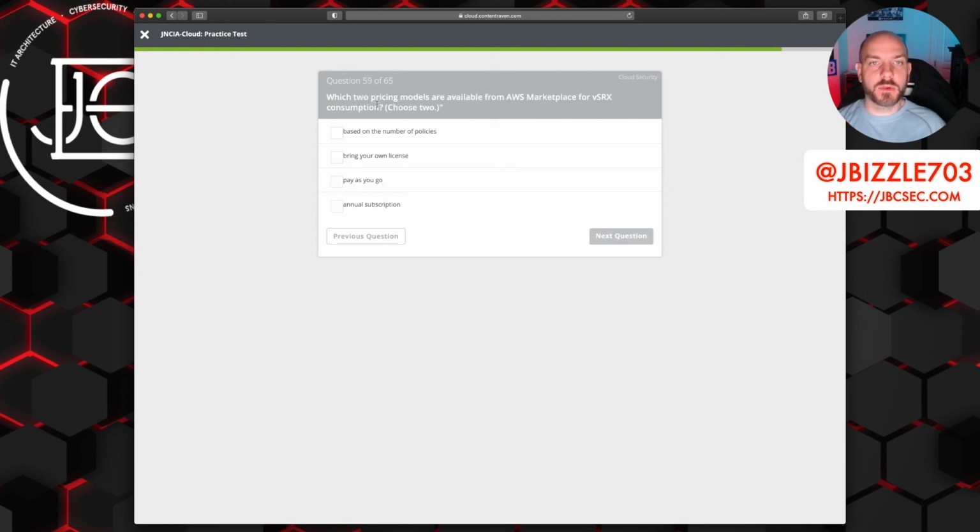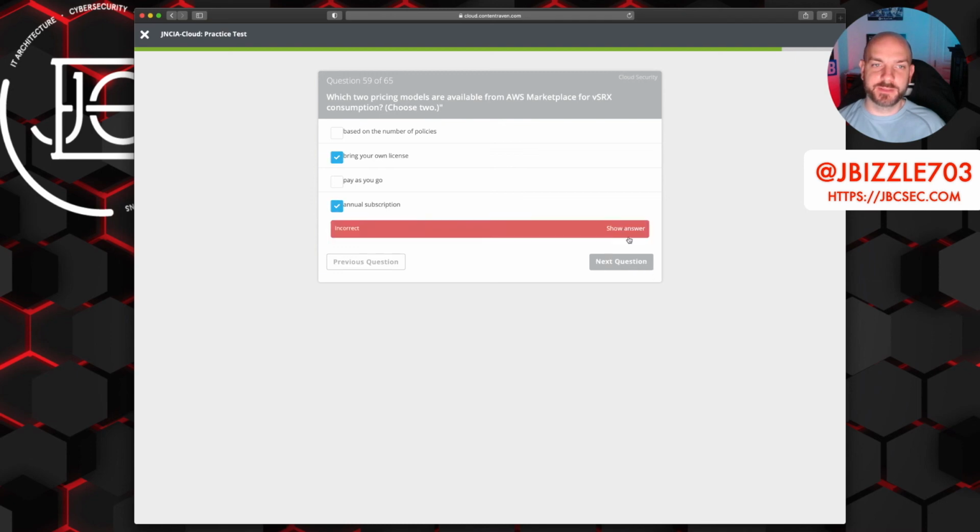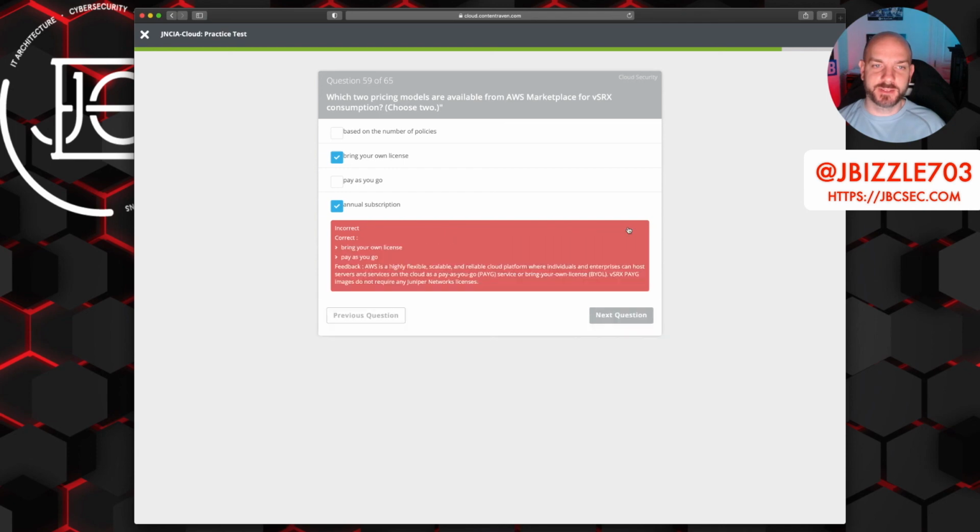Which two pricing models are available from AWS Marketplace for the VSRX consumption? I'd like a bring your own license, an annual subscription. Maybe? No. Pay as you go? Yeah, pay as you go.